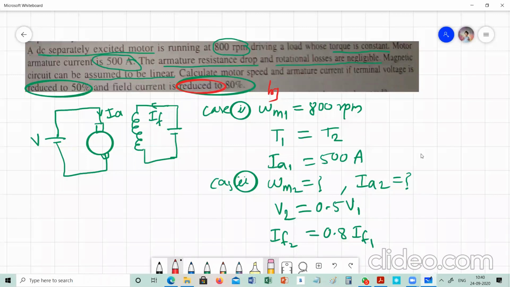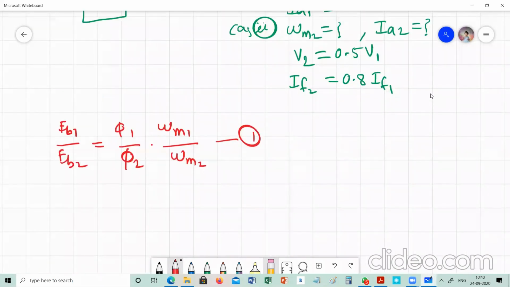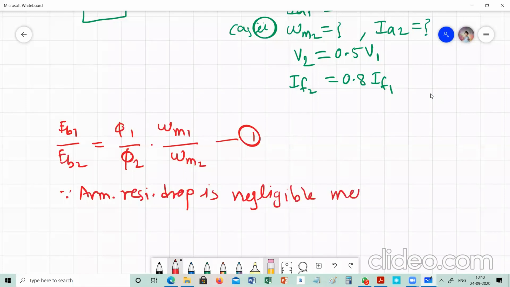Means I can write here, since armature resistance drop is negligible, means IARA drop is equal to 0.